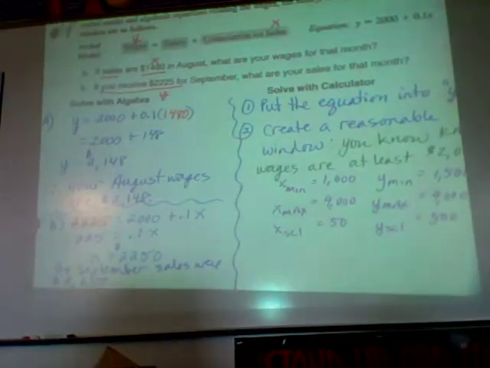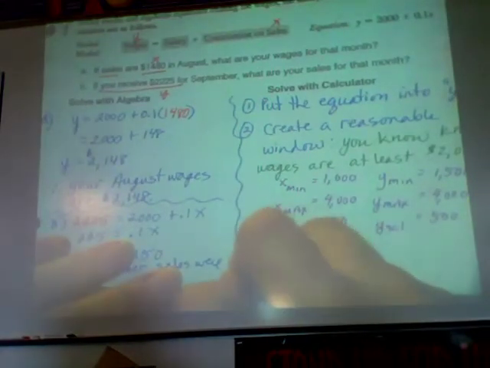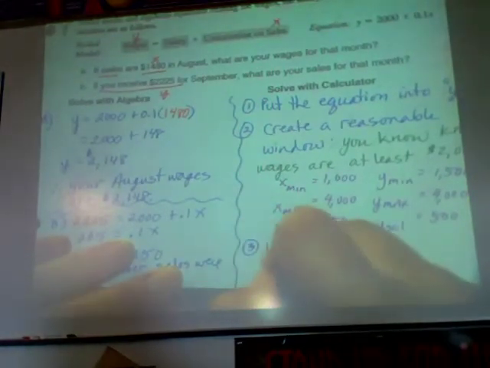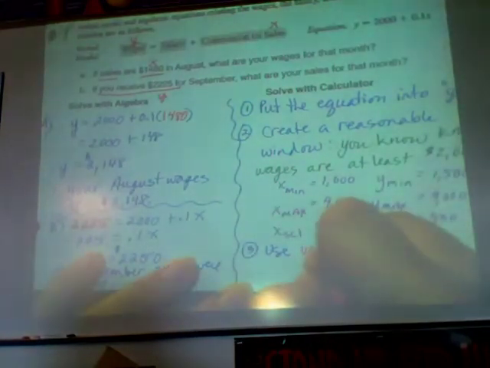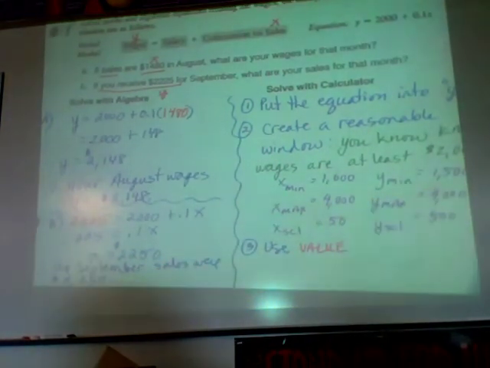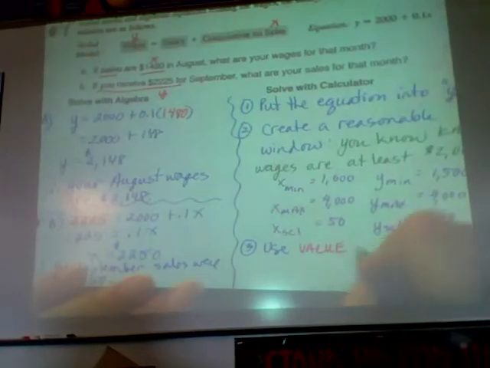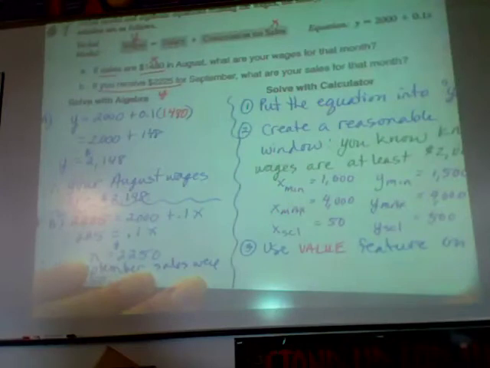The last thing I want you to write down, just in case we don't get to it, is to use value. So this is a menu. Use the value feature on the calc menu.